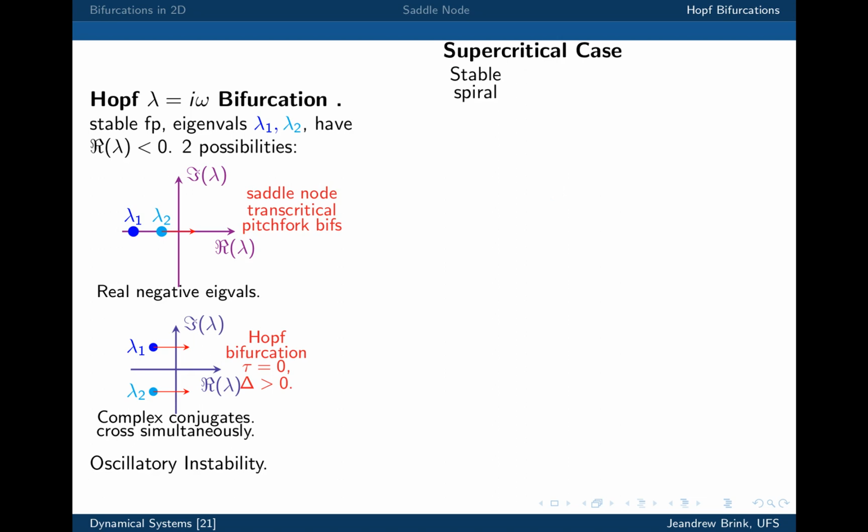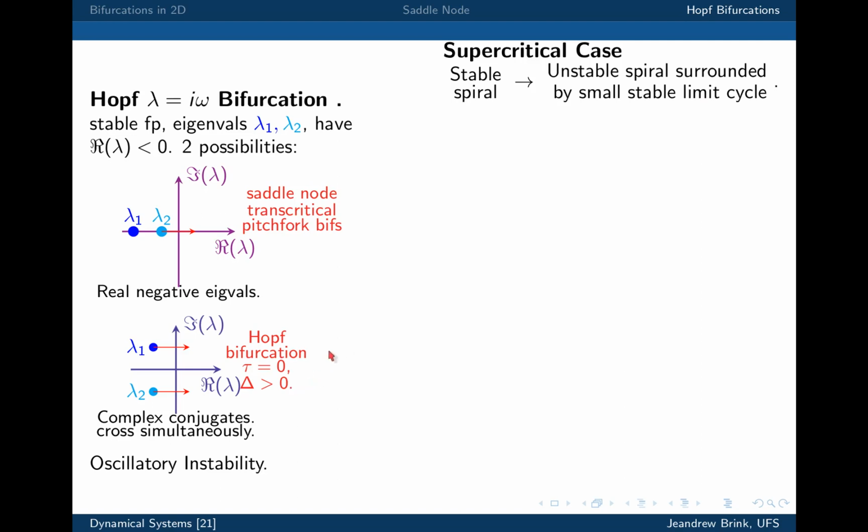So in the supercritical case, you have a stable spiral, and it transforms to basically an unstable spiral surrounded by a small limit cycle. And one thing I should add, which doesn't get emphasized enough, is that this small stable limit cycle has a frequency, and you can estimate that frequency from the imaginary part of the eigenvalues.